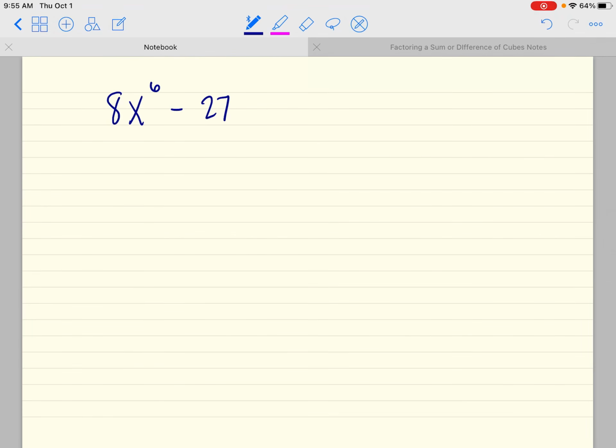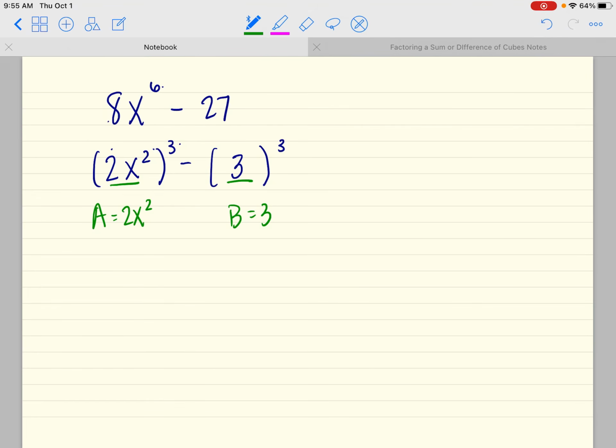If we rewrote these terms as cubes, what are we cubing to get each of these things? Well, here would have to be a 2 and an x squared. So the cube root of 8 would be 2, and then 6 divided by 3 would put a 2 here. And then we're cubing 3 to get to 27. The cube root of 27 is 3. So that means, in this scenario, that a is going to be 2x squared, and b is going to be 3, right? Those are the bases of my cubes.